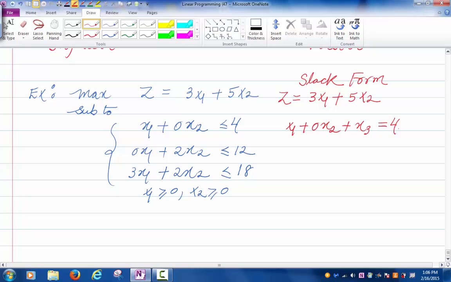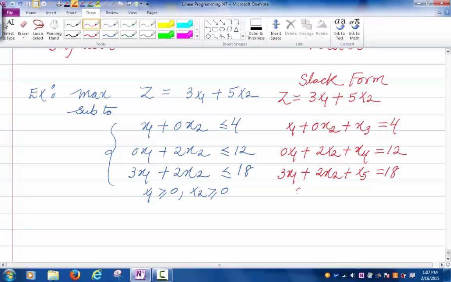So what is the meaning of x3 then? x3 is basically 4 minus the left hand side of the inequality, right? The second one would be 0x1 plus 2x2 plus x4 equals 12. The last one would be 3x1 plus 2x2 plus x5 equals 18. Okay?